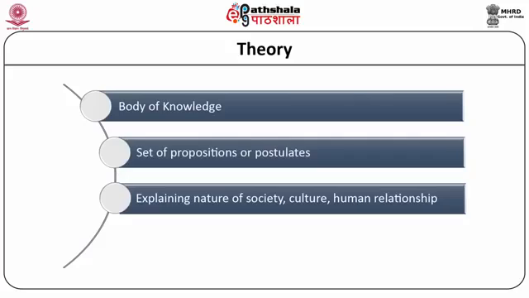And what are these postulates all about? These postulates are about how a society should be understood, how a culture should be taken into account, or how human behavior can provide meaning in understanding human relationships.